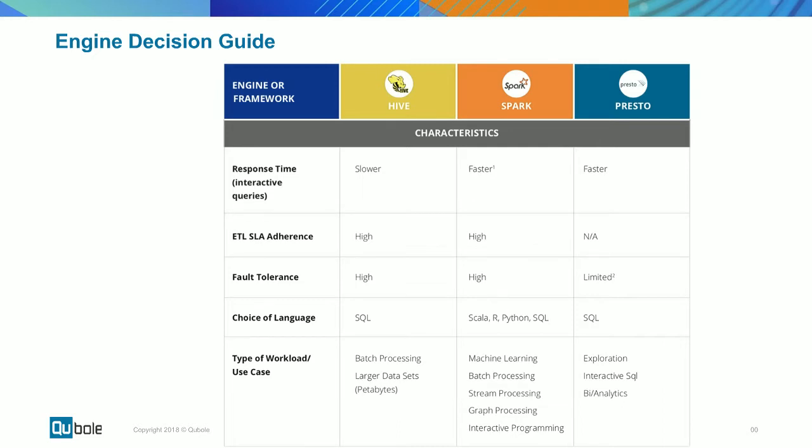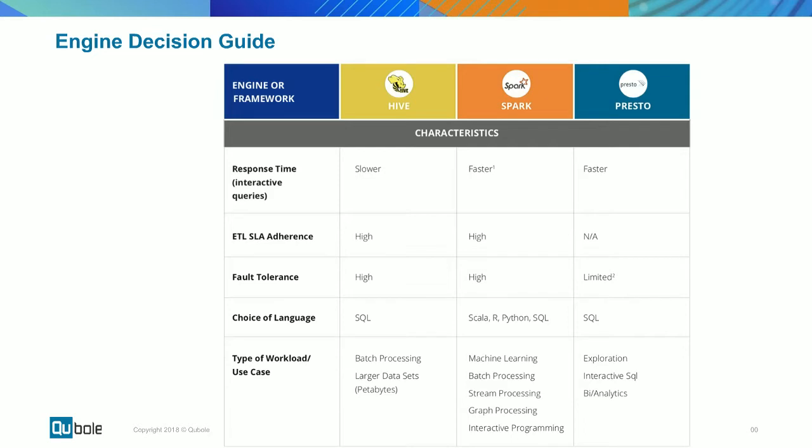Larger data sets, stay with Hive. And then if you're performing machine learning, graph processing, streaming type of pipelines, then go with Spark. Presto, again, very good for interactive queries, interactive exploration as well. Spark SQL works really well.